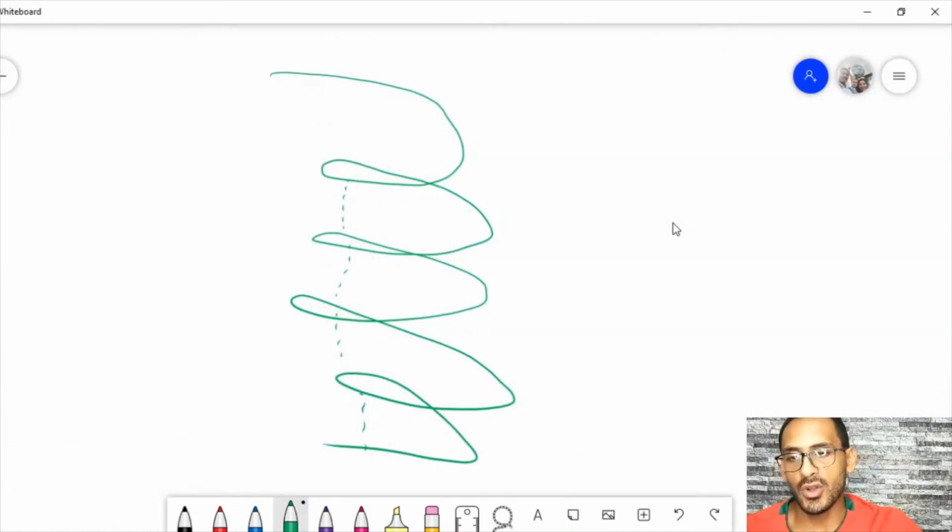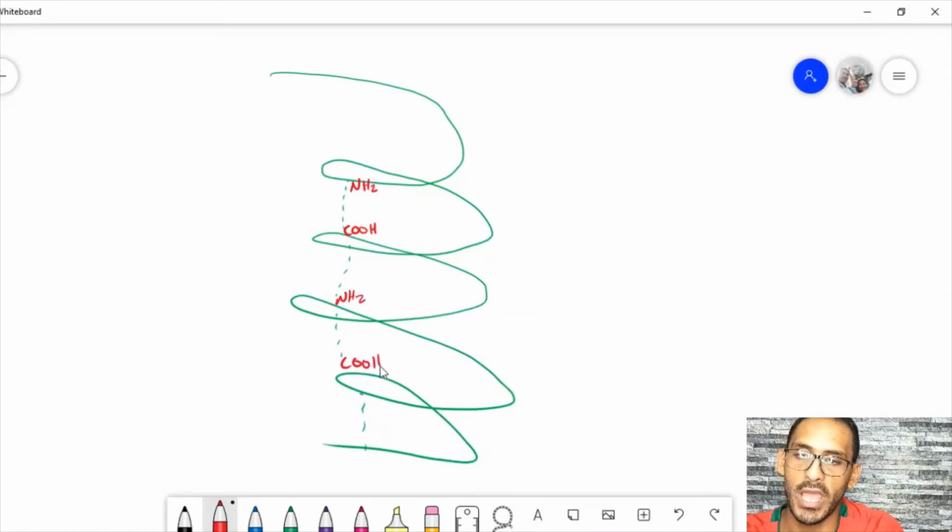I know my drawing is not the best, but that is how it looks, so we can consider this an amine group. I'm going to draw it in red. So let's say this is an NH2, this is a COOH, and so on.